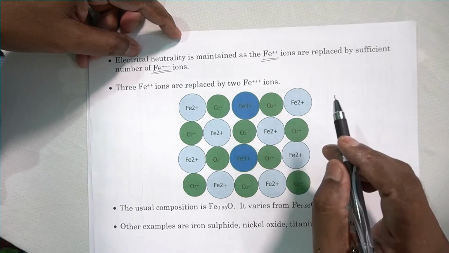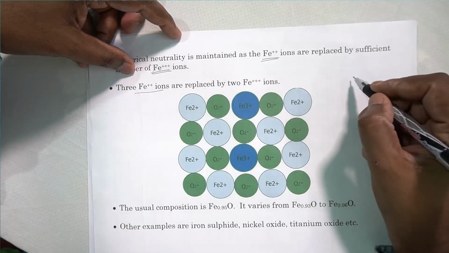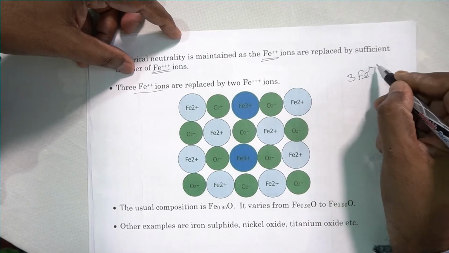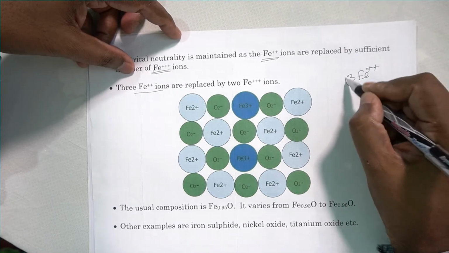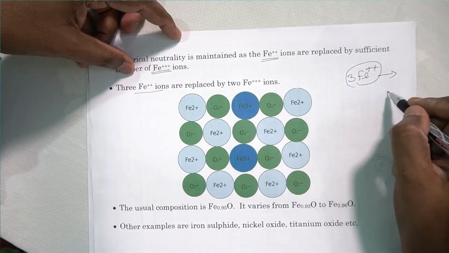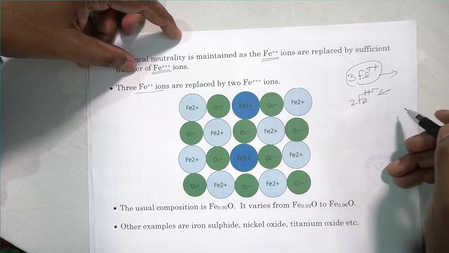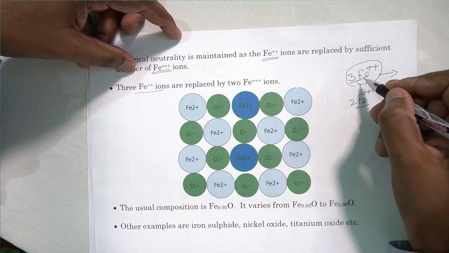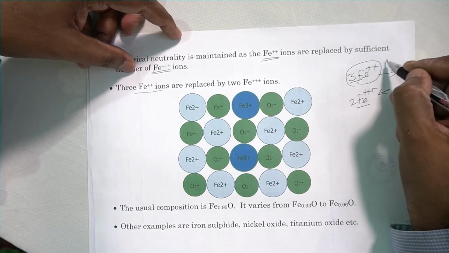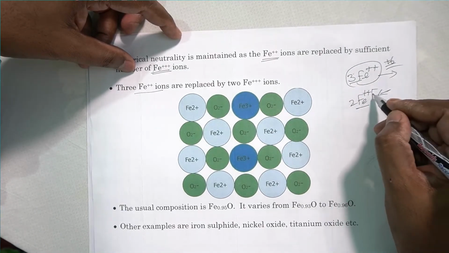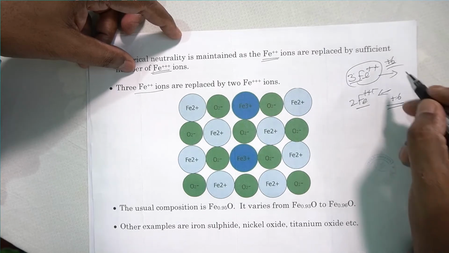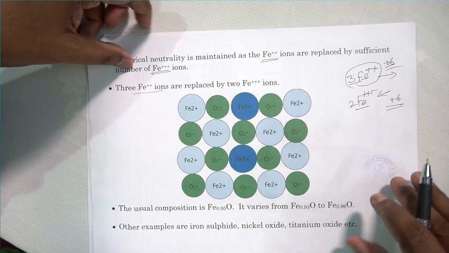How are the numbers maintained? 3 Fe2+ ions are removed and 2 Fe3+ ions come in. Total charge 3 into +2 is +6, and here also 2 into +3 is +6. So neutrality is maintained, the charge is balanced.